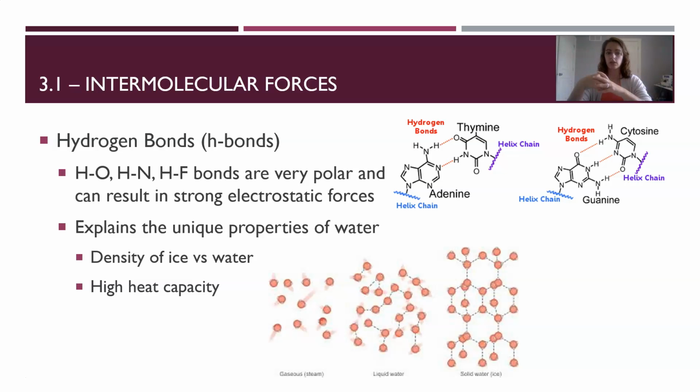This also relates to the high heat capacity of water, because since they're forming all of these really strong attractions between the molecules, it takes a lot of energy to break those, which means the material itself has a high heat capacity.